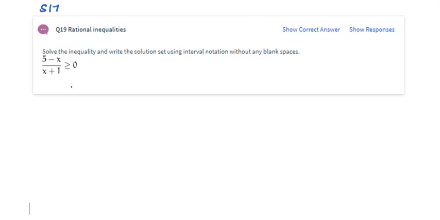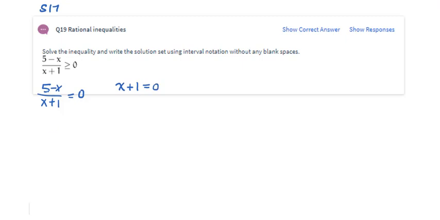To solve this rational inequality, we need to first find the boundary numbers. The boundary numbers come from where this quantity, 5 minus x divided by x plus 1, is equal to 0, and then also where the function is undefined, and that is where x plus 1 is equal to 0.